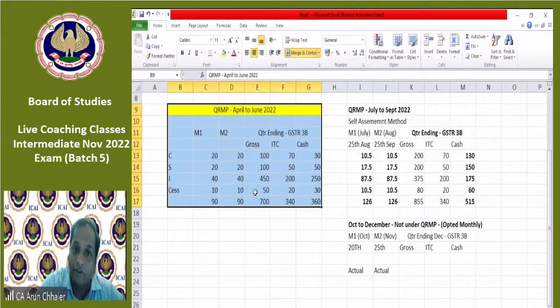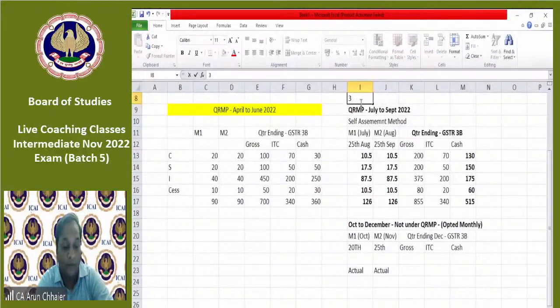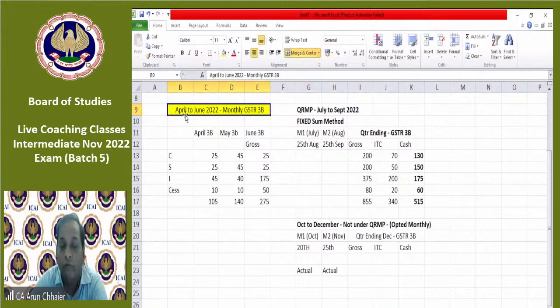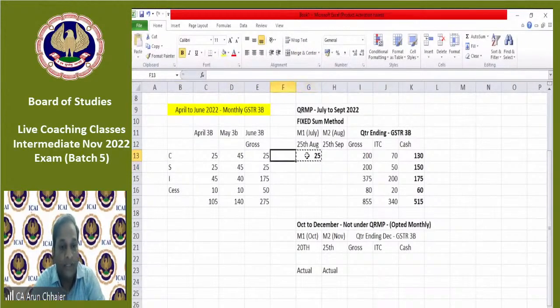In this question, I'm saying your April to June was under monthly. So it means you have to pay the actual liability equal to June.